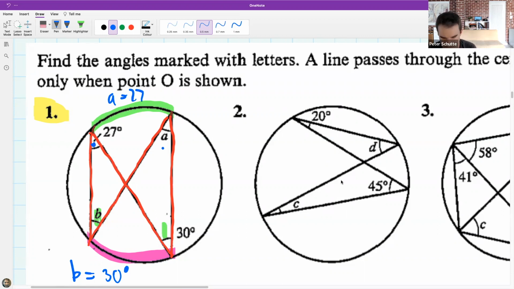So in number 2, I've got to find angle C. We're going to use the theorem that says there's a shared arc, whenever we see this butterfly shape where the 4 points are on the edge of the circle.